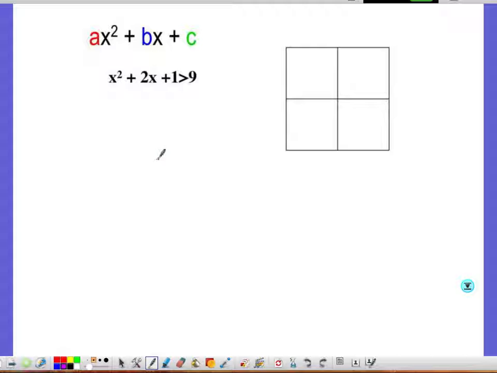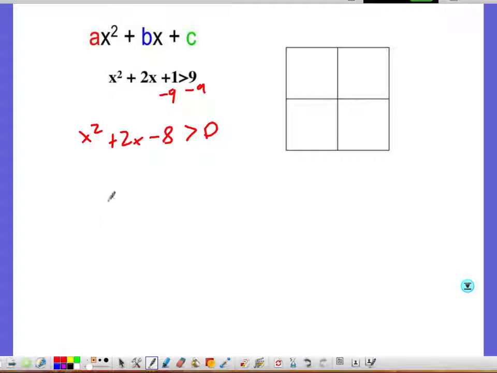Now, here is a first example that we're going to work with. The first thing you want to do is move everything to one side so that one side is 0. So what we need to do here is subtract 9 from both sides, and we get that x squared plus 2x minus 8 is going to be greater than 0. Okay.